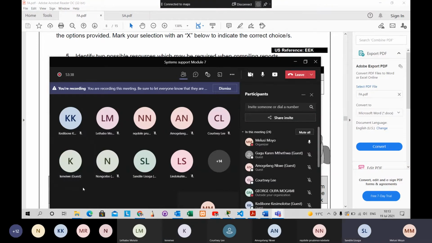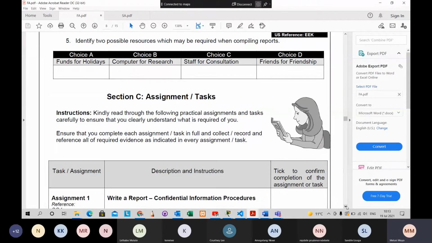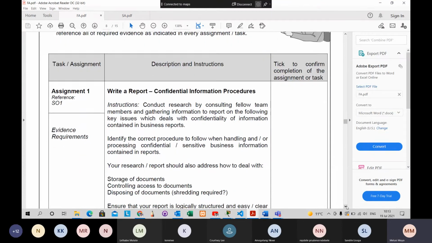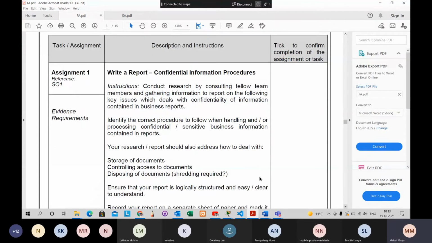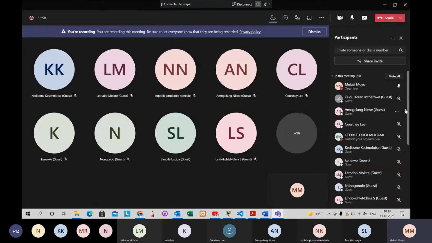Okay. So moving on to, let's see, question number. What is the other question? Okay, write a report. Is Nosipo online? Nosipo from advanced assessment. Let me check. Shucks.